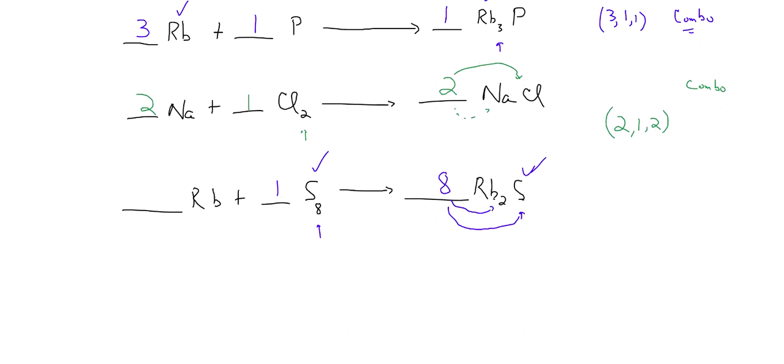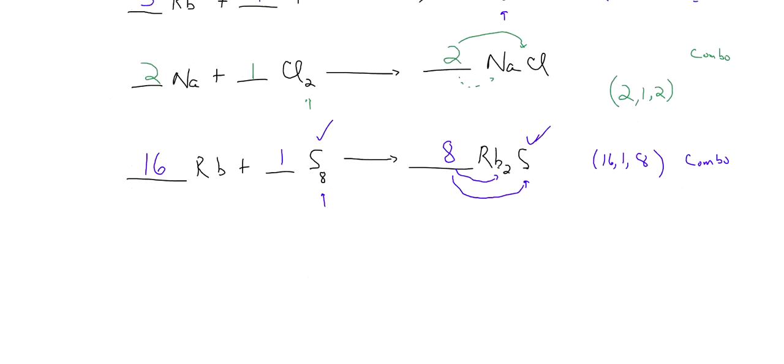So if I put a 16 here, now that works. Okay, so the coefficients on this one would be 16, 1, and 8. And again, this is a combination reaction.